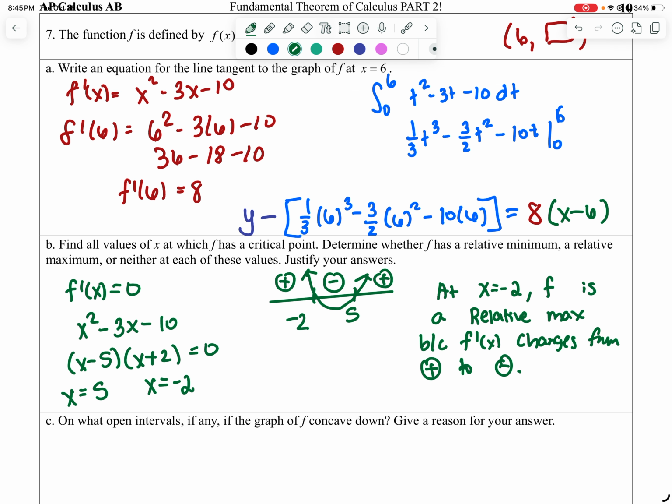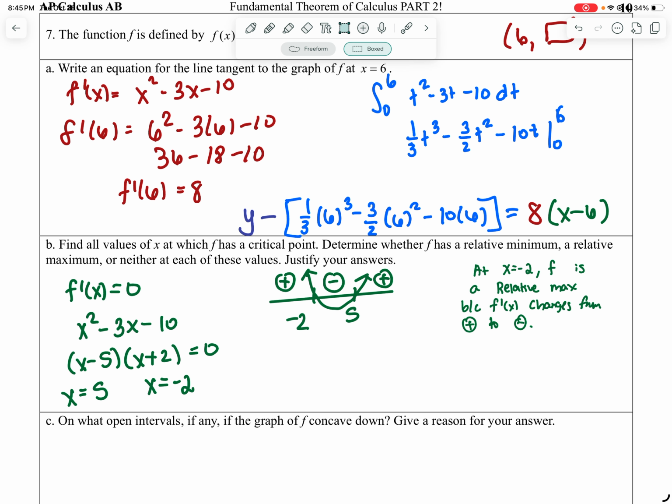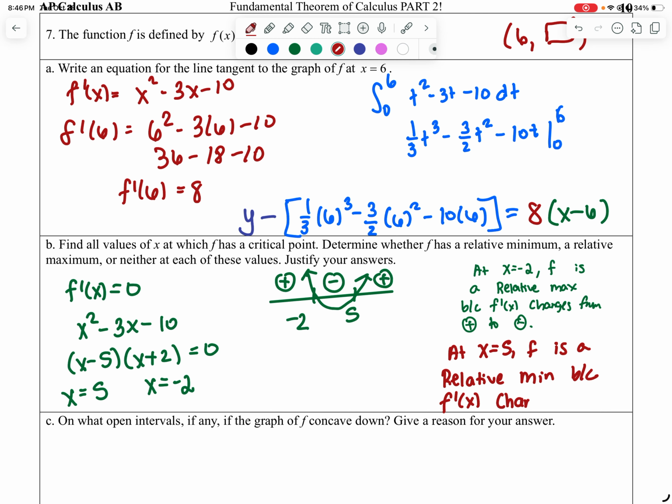On the AP exam, actually write it out. Don't shorthand it, please. That's one of them. And then the other one is at x is equal to 5, f is a relative min because f prime of x changes from negative to positive. And call it a day.